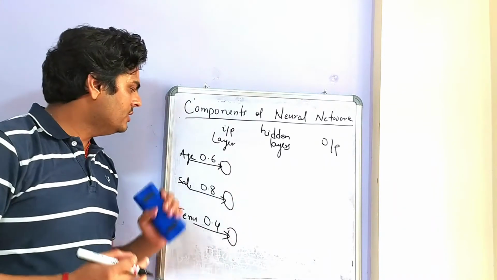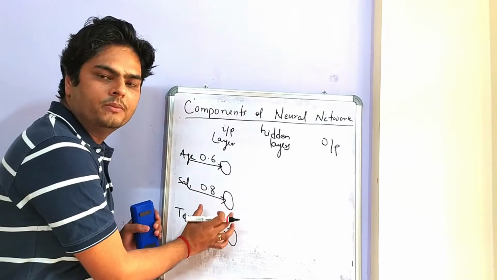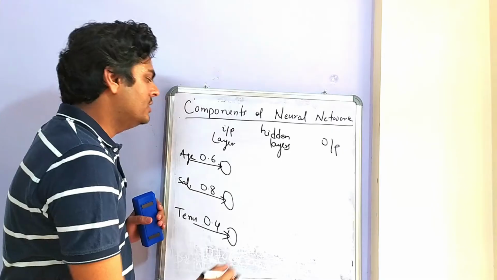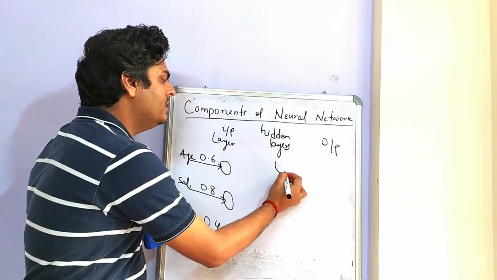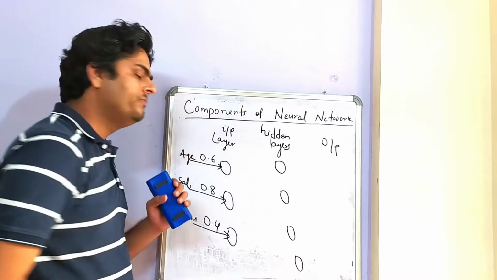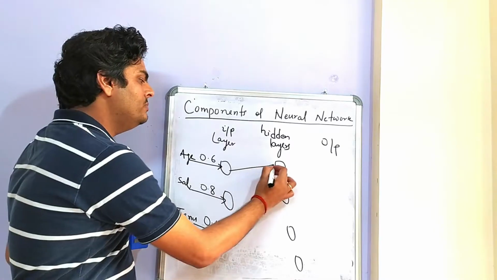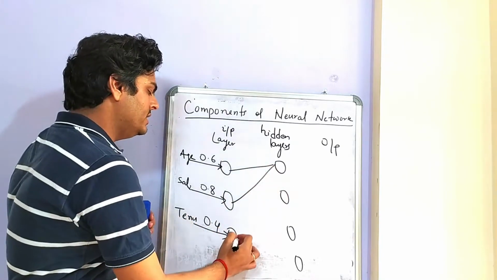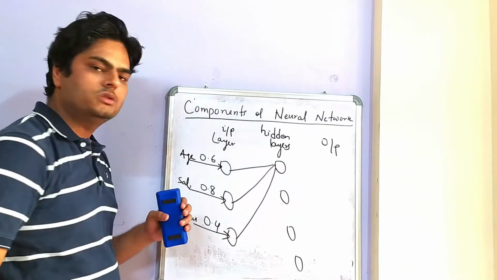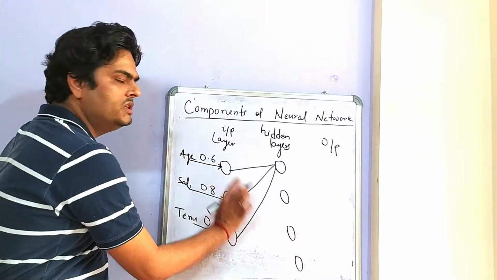Now, these inputs will get multiplied with these weights and will go to the neuron. So, in the hidden layer, we will have, let us say for example, 3 or 4 neurons, right? And all these individual input nodes will get connected to all these neurons. So, I am connecting these 3 to this neuron. Similarly, this will get connected to these as well.